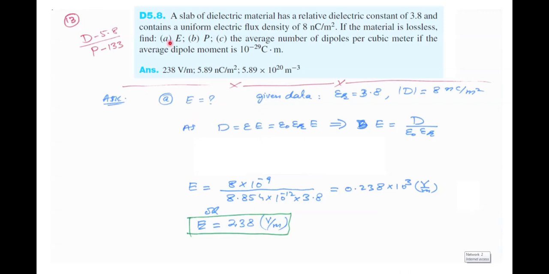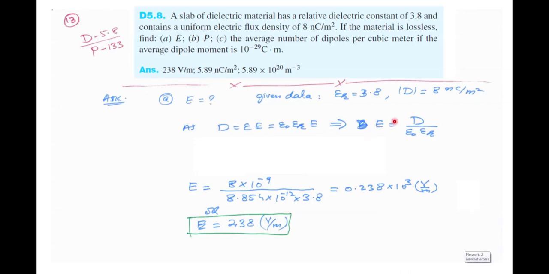So part A, this is the given data: epsilon r equal to 3.8, the magnitude of D field is 8 nanocoulomb per square meter. So D field is equal to epsilon times E, where epsilon is equal to the product of epsilon naught times epsilon r.